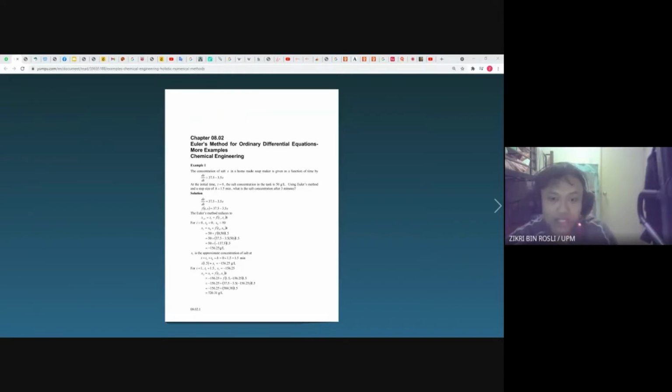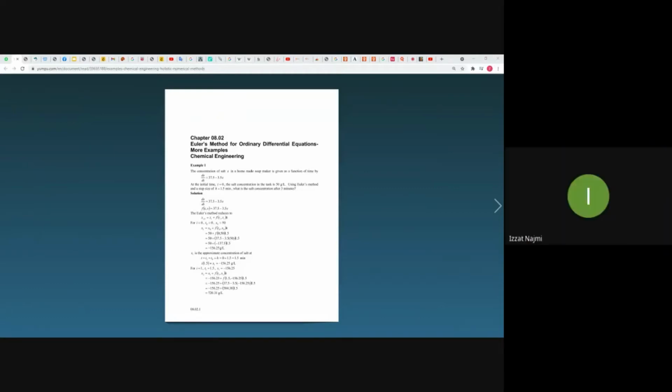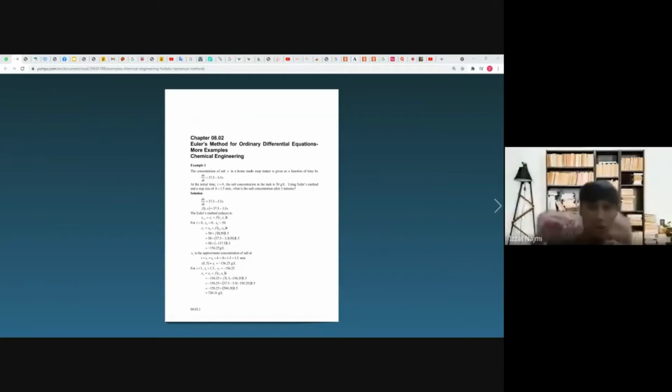What do you guys think? Is it okay if the first paragraph of the introduction is the meaning of numerical method and analytical solution? I think you can put it in the first paragraph because it will explain how the numerical method solution and the analytical method solution are different.